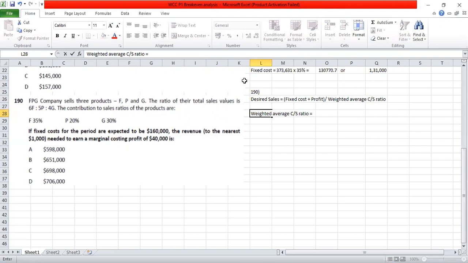Earlier also we've discussed what is the formula of weighted arithmetic mean. What's the formula? The weighted arithmetic mean formula is x bar w is equal to sigma wx divided by sigma w.